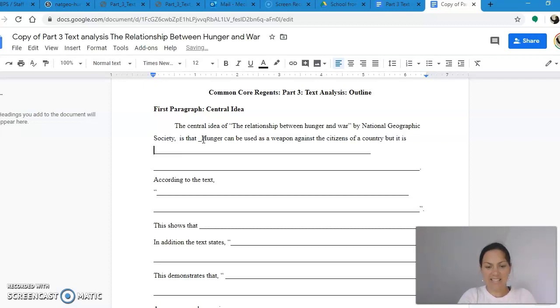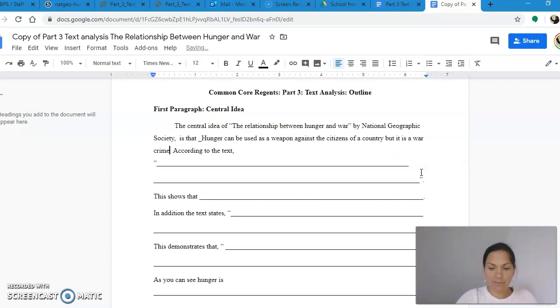But it is a war crime. So you're not allowed to do it. People do it anyway. It is a violation of their human rights to withhold food from one's citizens.